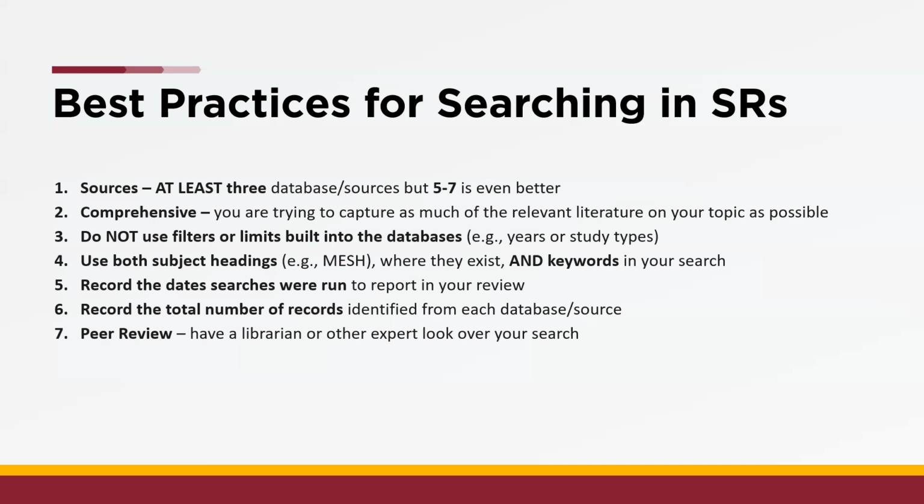We're not going to just be like, oh, 15 years, because that's generally not considered a best practice in terms of systematic reviews. So if you're using a year, it has to be for a good reason.